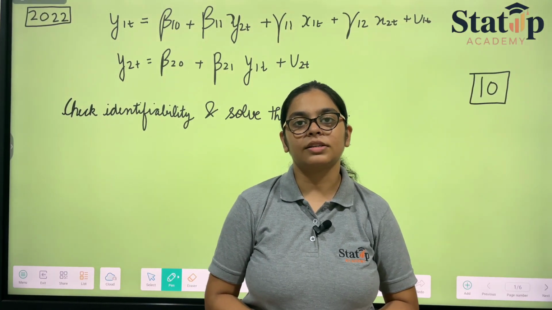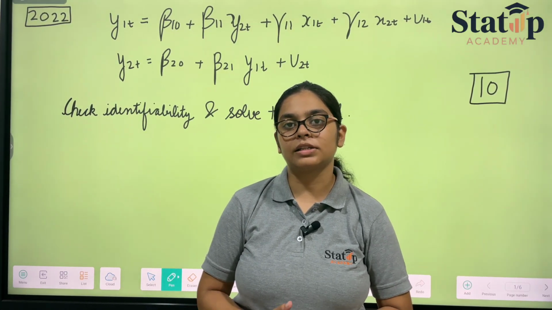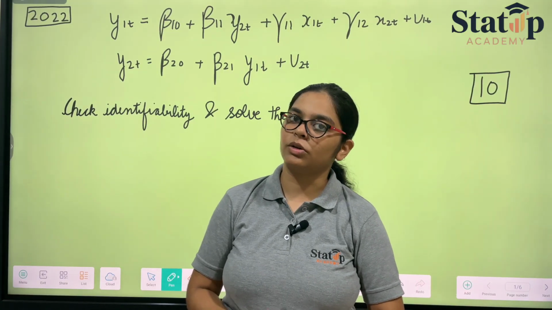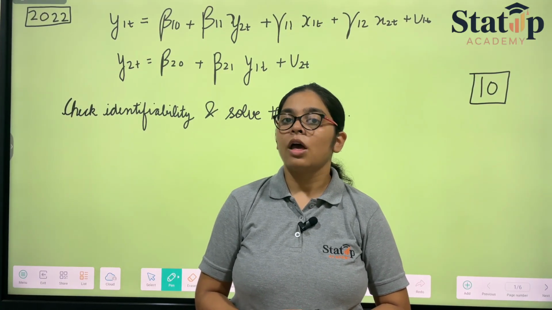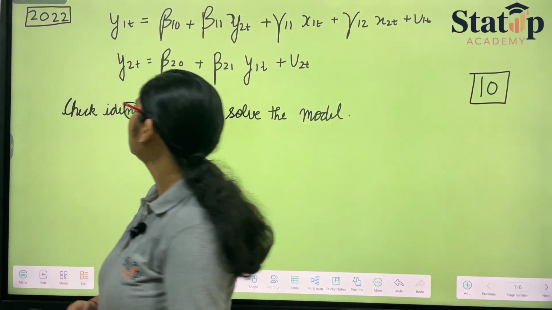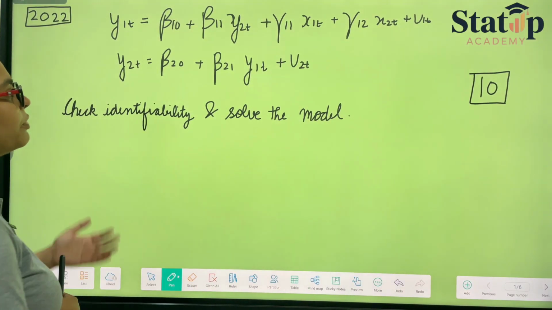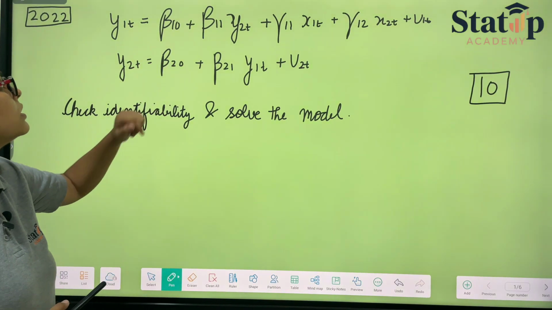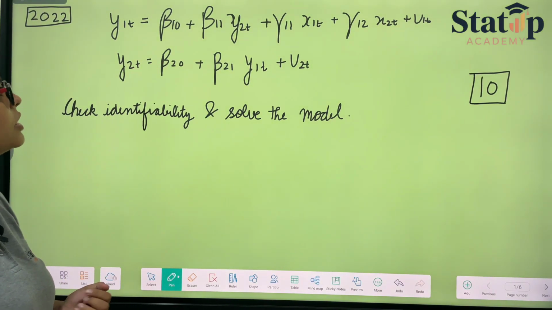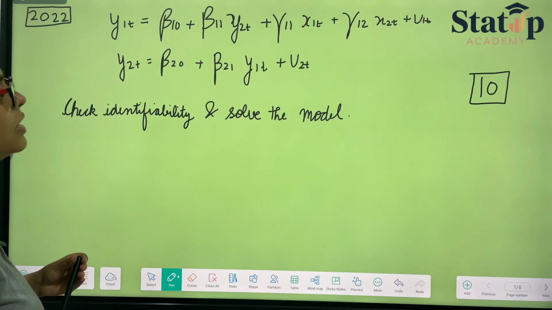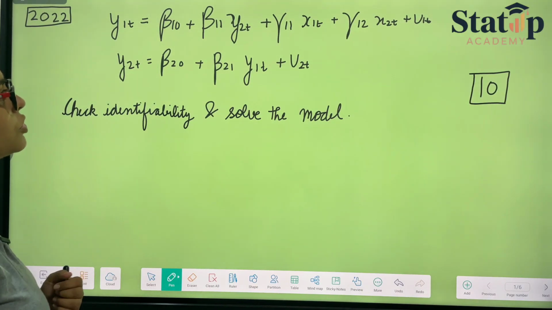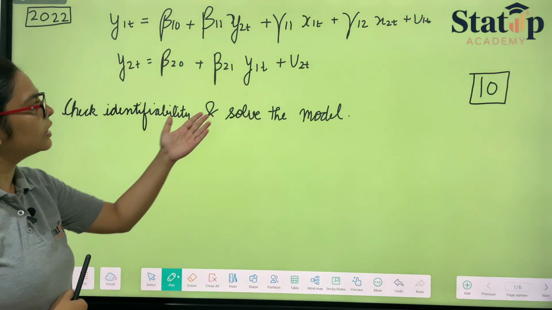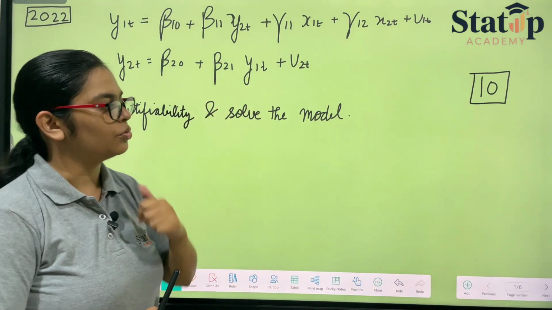Since we covered the simultaneous equation model in the previous lectures, today also we will do one PYQ of that, which came in 2022, where we have been given a model: y1t equals beta 10 plus beta 11 y2t plus gamma 11 x1t plus gamma 12 x2t plus u1t, and y2t equals beta 20 plus beta 21 y1t plus u2t.